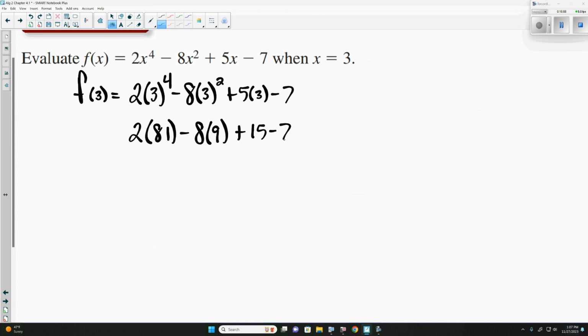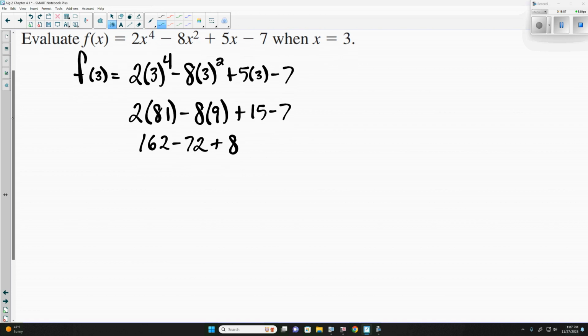We have this here. 2 times 81 is 162. 8 times 9 is 72. And 15 minus 7 is 8. 162 minus 72 is 90. 90 plus 8 is indeed 98.